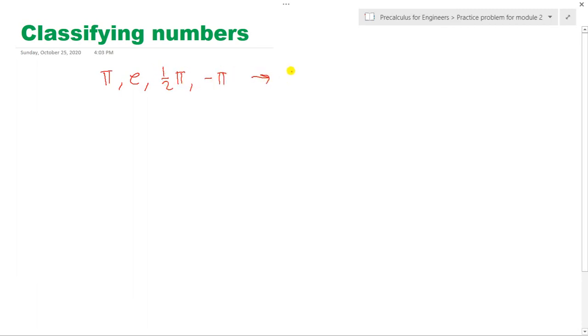All of these are irrational numbers. And then they can also be classified as, of course, real numbers. Why real numbers? Because they are part of irrational numbers, which is also a part of real numbers.